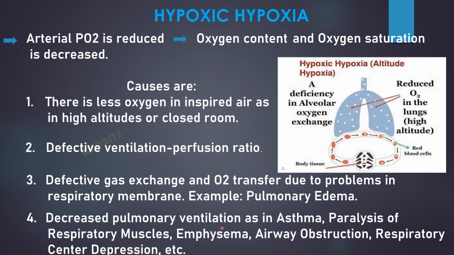Then decreased pulmonary ventilation, as in asthma, paralysis of respiratory muscles, emphysema, airway obstruction, respiratory center depression, etc. Emphysema is a condition where the alveolar sacs tend to be damaged or enlarged. That's emphysema.